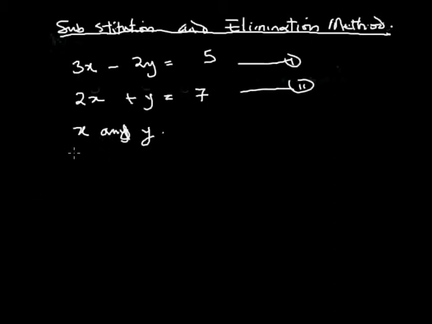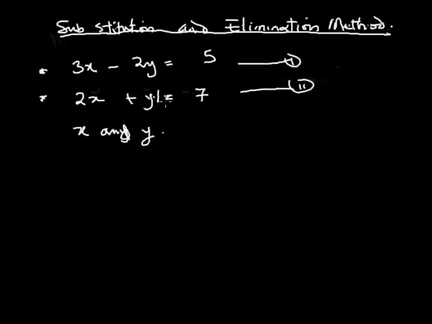To use the substitution method, let's consider equation 1 and equation 2. We realize that the y in equation 2 has a coefficient of just 1. If we multiply 1 with this, it will still give us y.